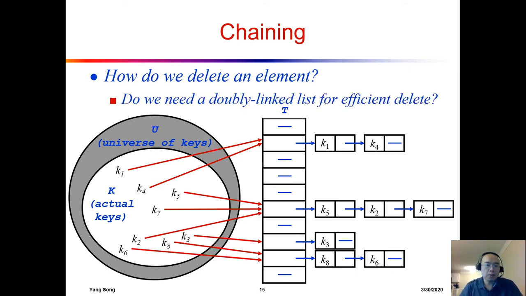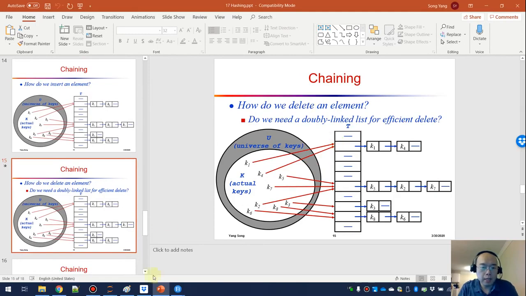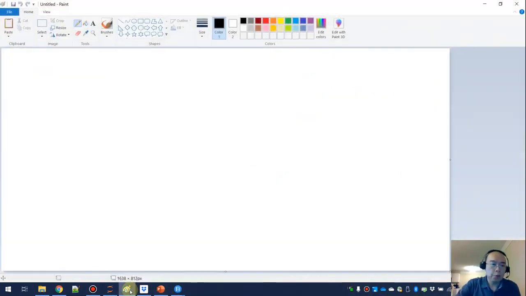So the next question, do we need a doubly linked list for efficient delete? So you really need to review how we do the deletion in the singly linked list and the doubly linked list. So let me help you review the single linked list first.